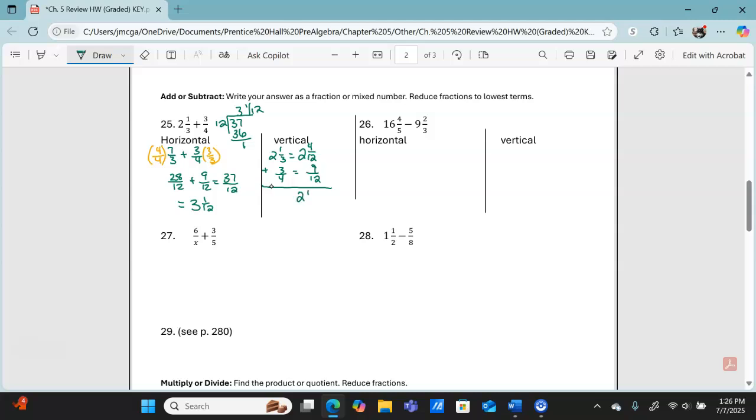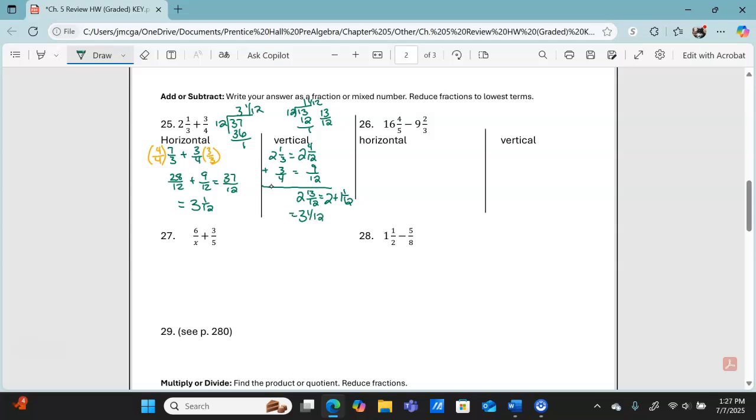So I'm going to get 2 and 13/12. That 13/12 is the same as 1 and 1/12. So we have 2 plus 1 and 1/12, replacing that 13/12 with that, which would be 3 and 1/12.